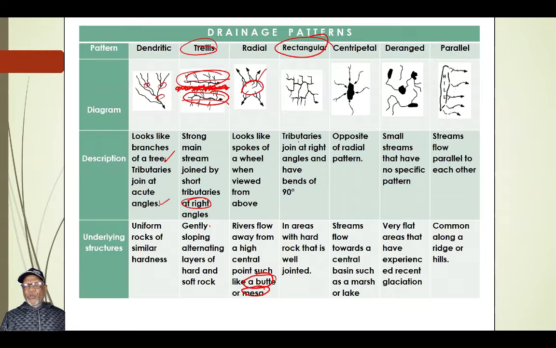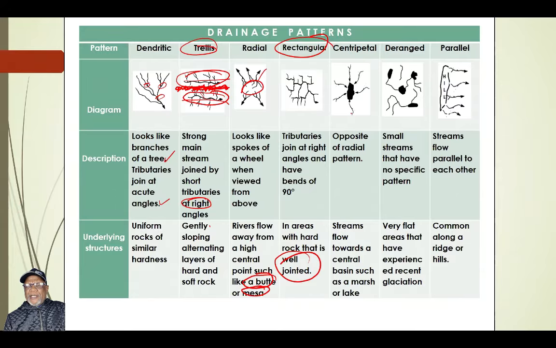The mainstreams also have a 90 degrees bend. So we've got two 90 degrees. The mainstreams bend at 90 degrees, and the tributaries also join the mainstream at 90 degrees. Then where do we find them? We find these stream patterns where we have jointed igneous rocks.